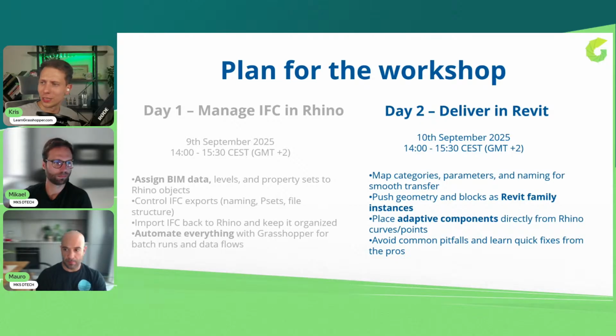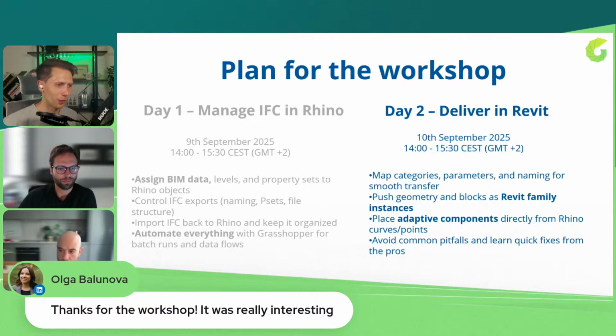We went through all the topics, and tomorrow we will talk more about delivering everything in Revit. So maybe we can also talk further about adaptive components and generic models.